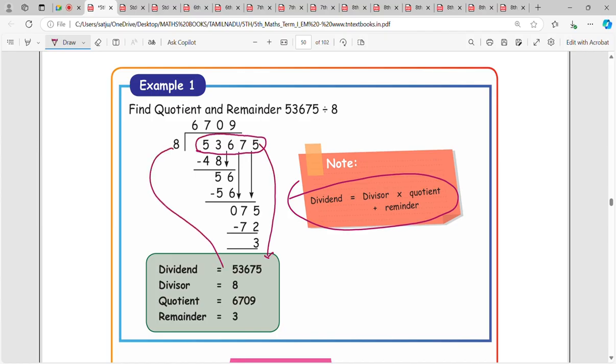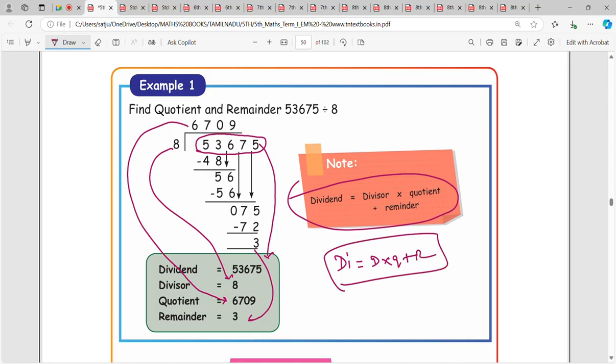This is the divisor. Whatever is present on the top is the quotient. This is the remainder. The division algorithm states that dividend is equal to divisor into quotient plus remainder. So this is a very important one. It is in the 5th standard itself.